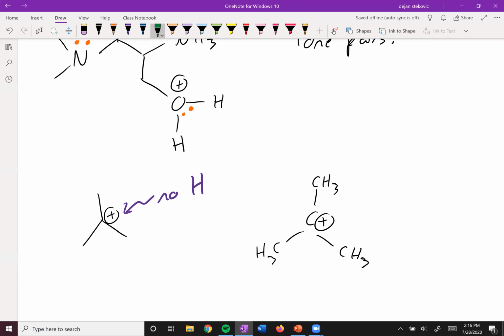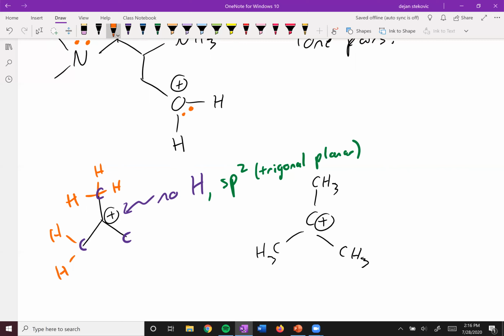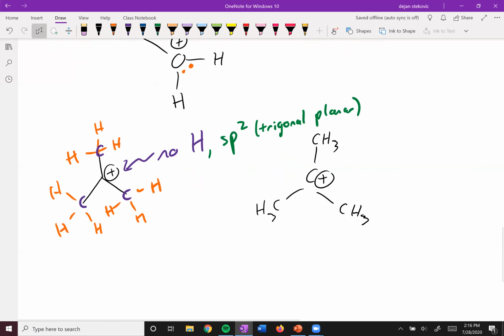And so there's no lone pair there. And this is an sp2 hybridized carbon. This is trigonal planar. And then each one of these carbons on the end here have 3 hydrogens on them, right? There's a carbon here, carbon here, carbon here. And so the formula overall would be C4H9+, right?